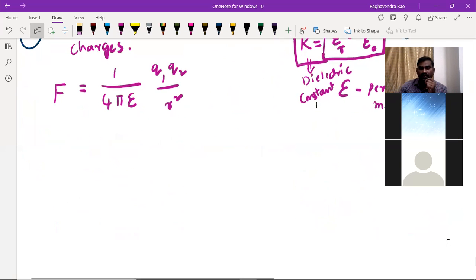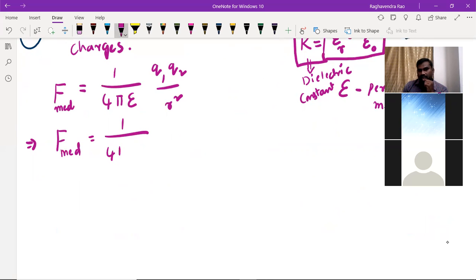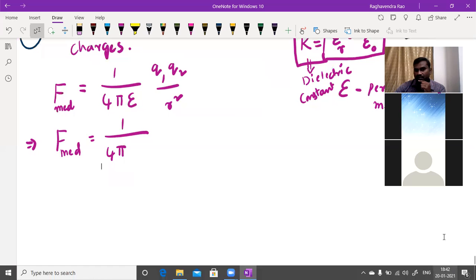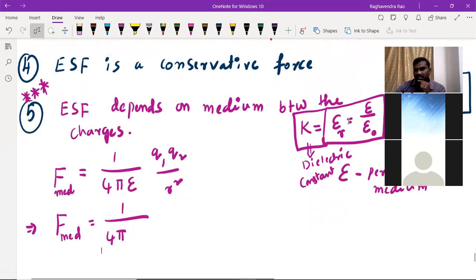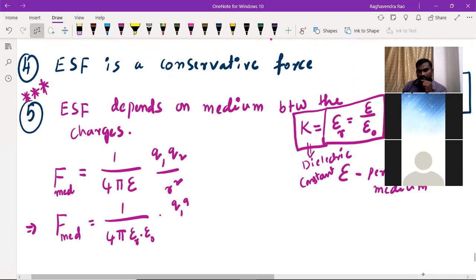Now we can write the force in medium is equal to 1 by 4 pi, and in the place of epsilon we write epsilon r into epsilon naught, Q1 Q2 by r square.